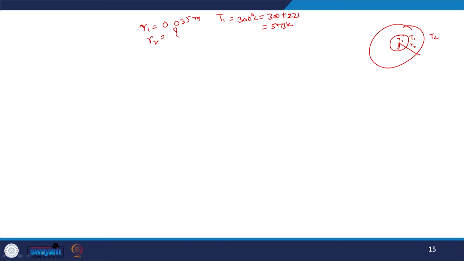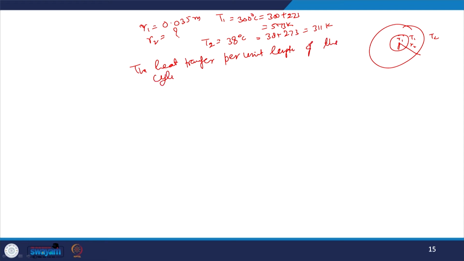T2 is 38 degrees Celsius, so 38 plus 273 comes out to be 311 Kelvin. Now the heat transfer per unit length of the cylinder, that is Q over L, is equal to 60 watt per meter.